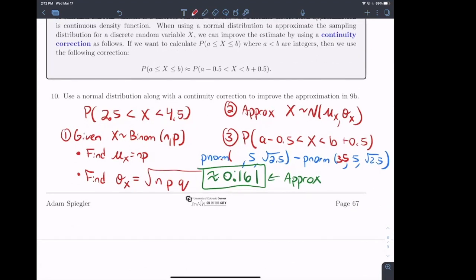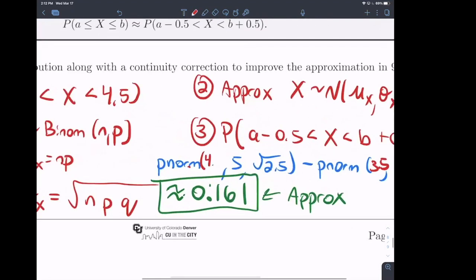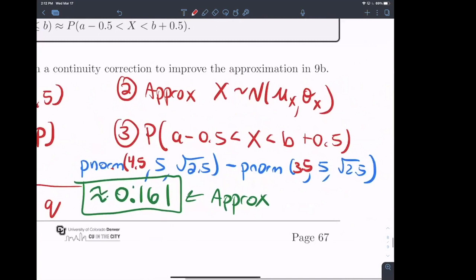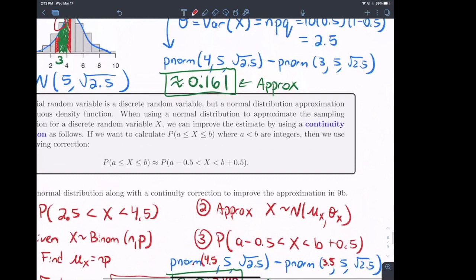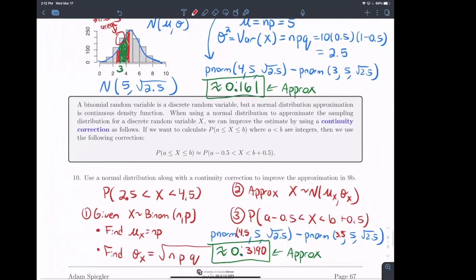Sorry. And then when we run that in R, that comes out to 0.3190. And you can see that that gives us a much better match to the 32% that we got when we did the exact calculation.